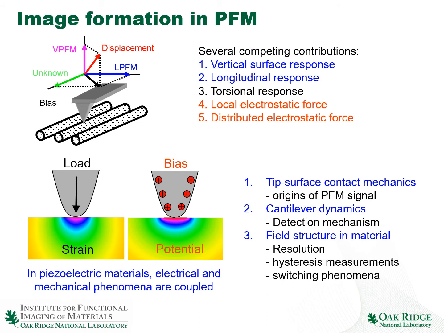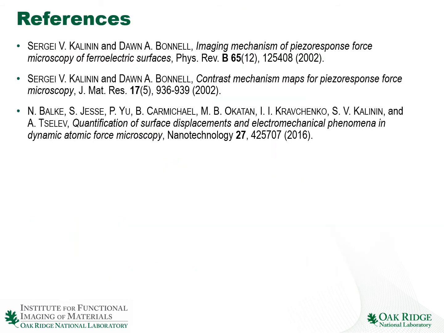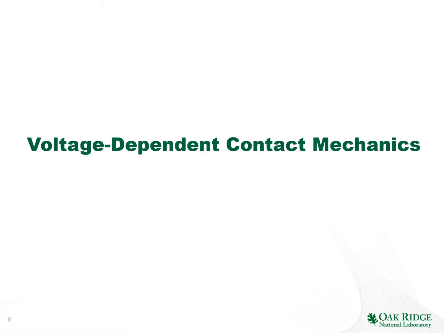So these are the components of the PFM signal, and throughout this lecture, we are going to go through them one by one, starting from the tip surface contact mechanics. You can read about this in more detail, and these are the references that talk about the basic image mechanism of the PFM on the ferroelectric surfaces and quantification of the PFM interaction.